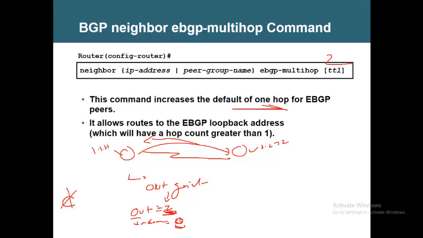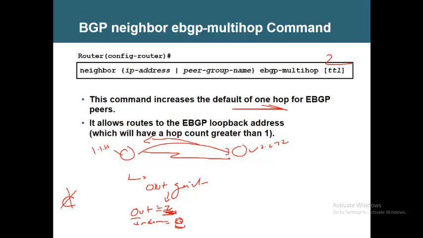See, because it's EBGP, I cannot simply send my packet to a very far place. What if there is someone spoofing as a neighbor at the 10th hop? That's dangerous. So keeping the outgoing TTL as low as possible is good. That is why by default it is only 1. What is the outgoing TTL by default for EBGP? 1.